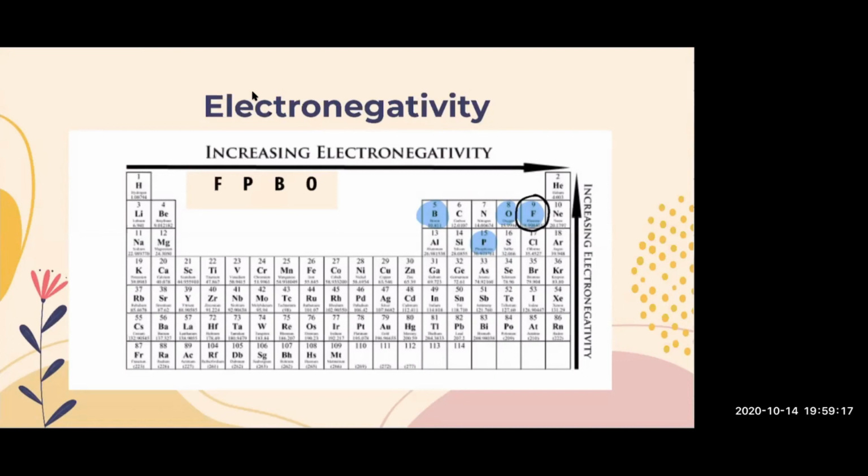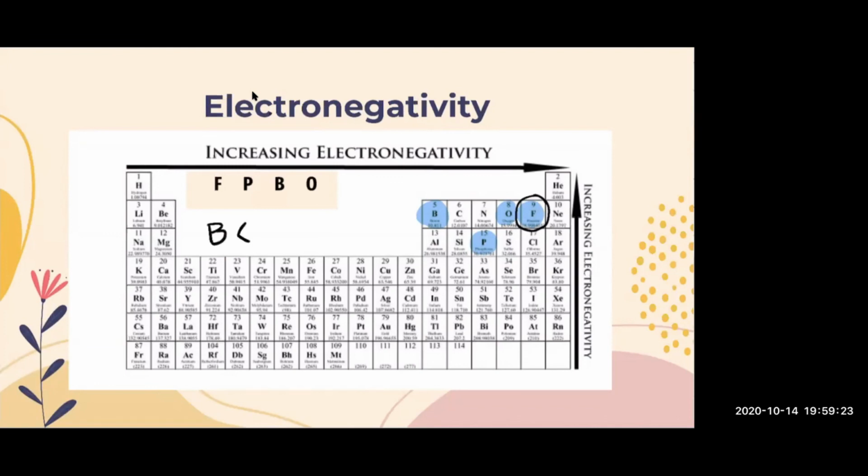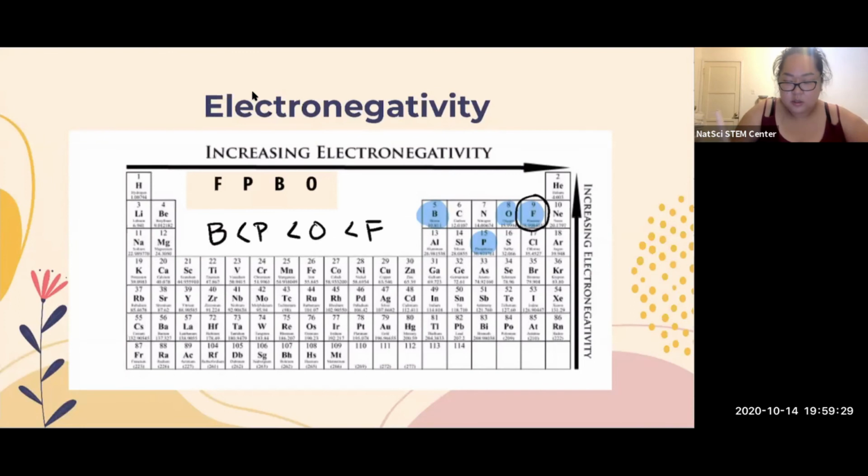Boron. So it would be boron, then phosphorus, then oxygen, then fluorine. A good thing to remember is that your most electronegative ones are in this area generally, and then they just decrease as you go out.